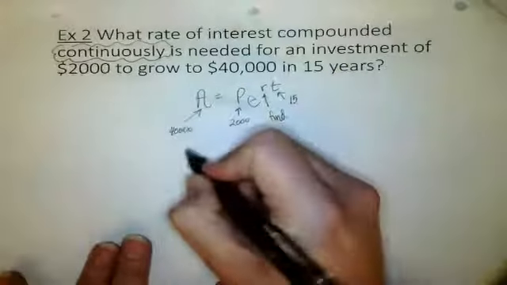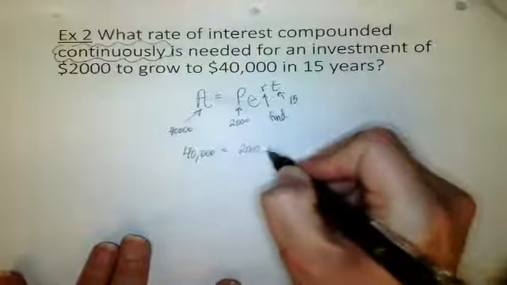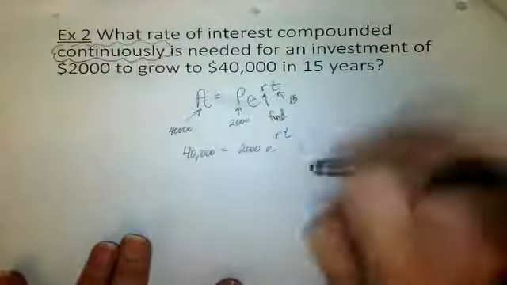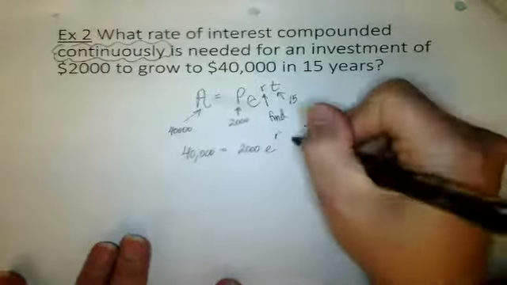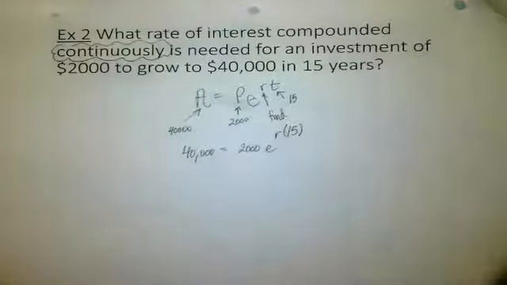Okay, so I'm going to plug that in. 40,000 equals 2,000 e to the RT, where t is time, 15. Again, is this logarithmic or exponential? Exponential. Good.